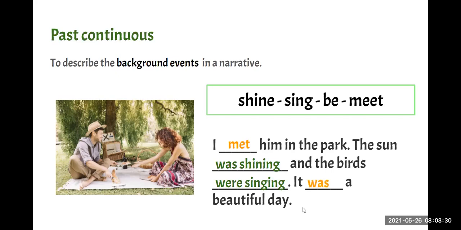As you can see in this story, the main events are in the simple past, but the background events are in the past continuous. Okay, so we use the past continuous when we are describing what is in the background. Okay, very good. Let's go to the next use of the past continuous.